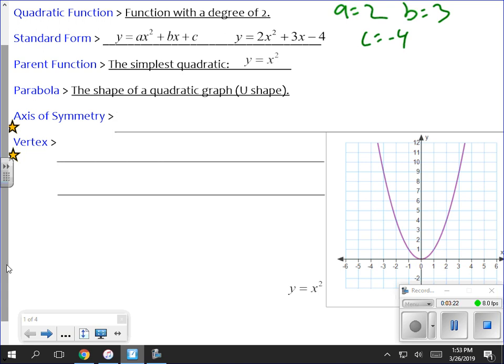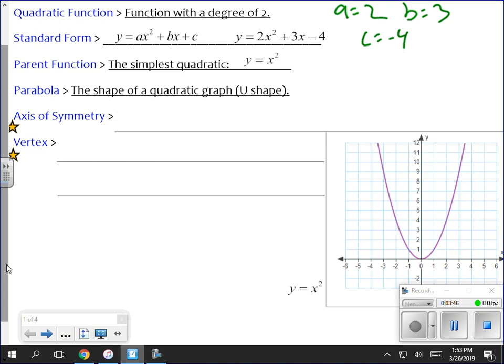All other graphs of quadratics are moved left to right or up or down, or they get wider or skinnier. And we're going to work with that over the next couple of days, moving them around. Oh, wait, did we do this already? Well, we kind of did a little bit of stuff, but not a lot. Yeah, probably last year.